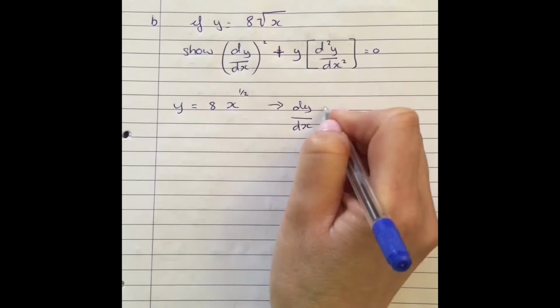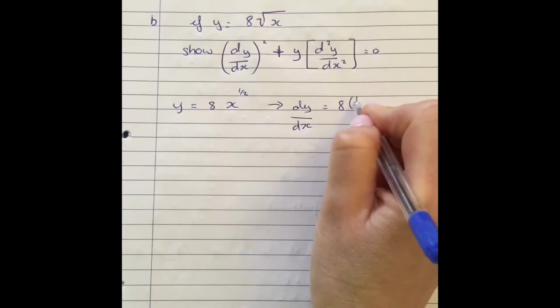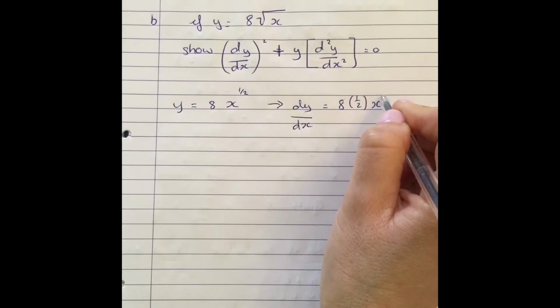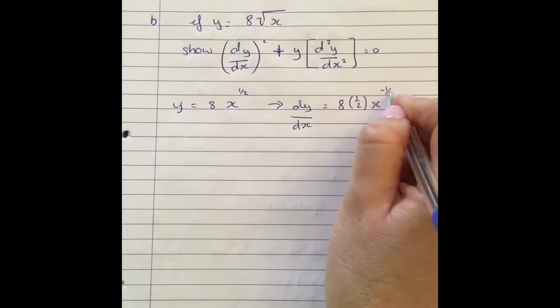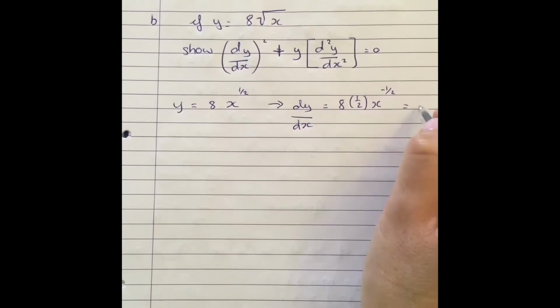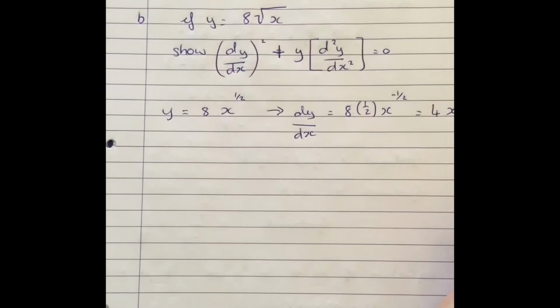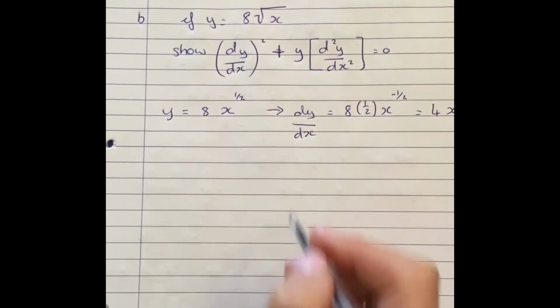To find dy by dx, you take the power on the x, you pull it down, and you remove 1 from the power that was on the x in the first place. So a half minus 1 is minus 1 over 2. 8 times a half is 4, and x to the power of minus 1 over 2 is multiplied.